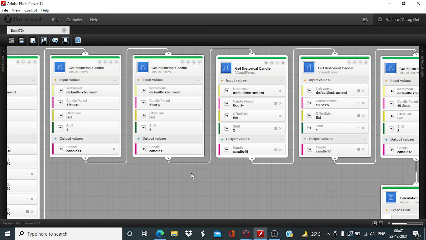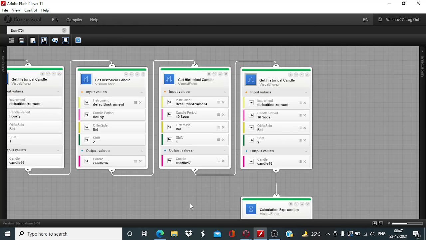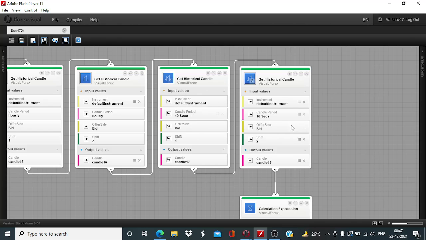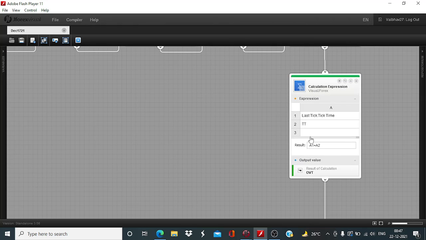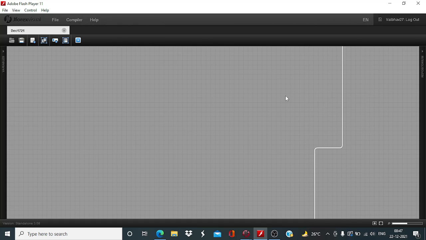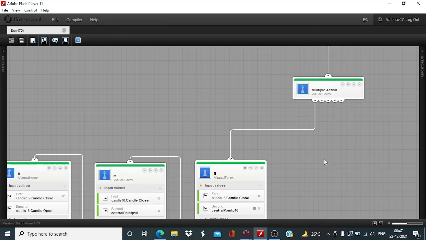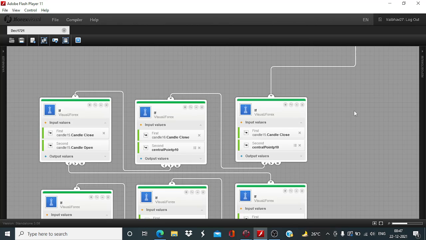To look at the price action data, we are also taking the help of this get historical candle. First one is 4 hourly, and these two are of hourly each. And to pinpoint the exact entry point, 10-second blocks will also be used. This order validity of 1 hour was defined, as we are going with a pending open order, which will remain valid if not executed for a maximum of 1 hour.